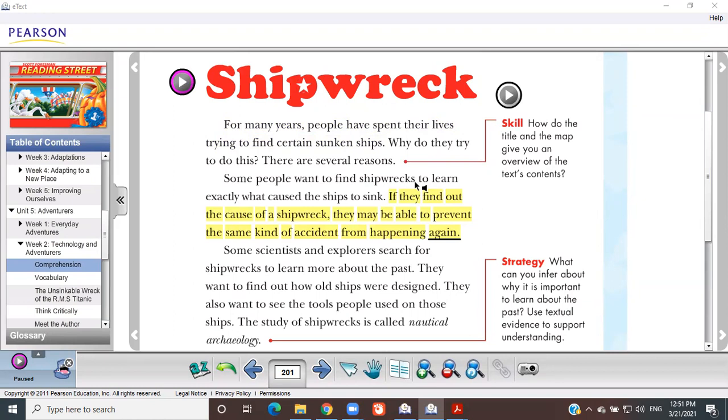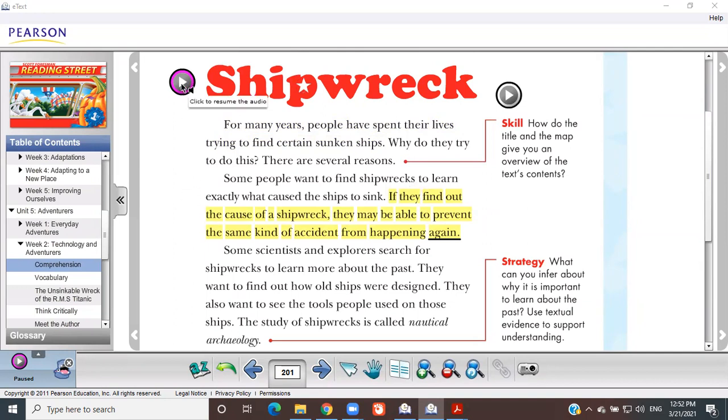Very good, amazing. So they will study it. Very good, Omar. Omar answered on the chat. Okay, so here they will find out the cause and they will make sure it never happens again. Very, very good, amazing.